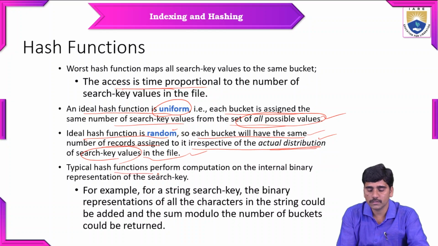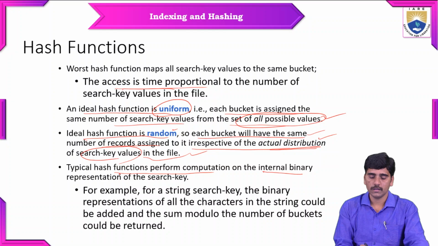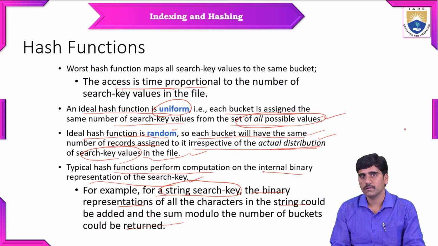Typical hash functions perform computation on the internal binary representation of the search key. For example, for a string search key, the binary representations of all the characters in the string could be added and the sum modulo the number of buckets could be returned.